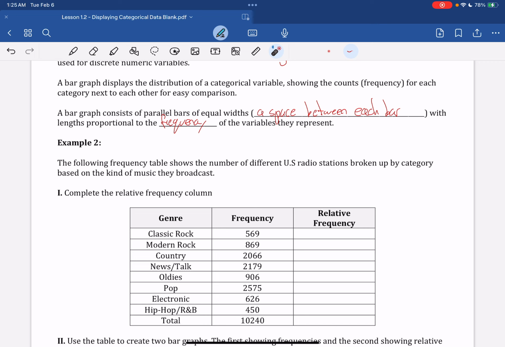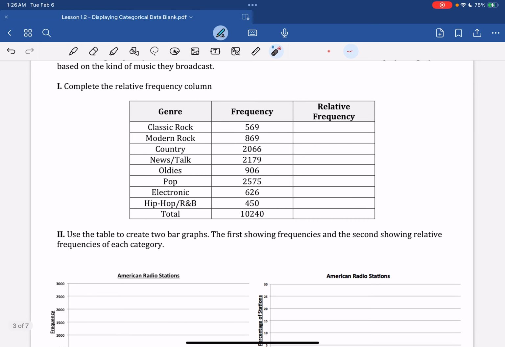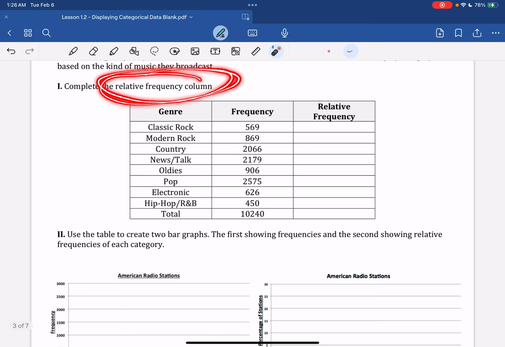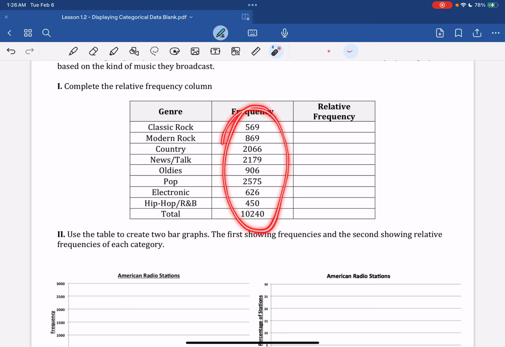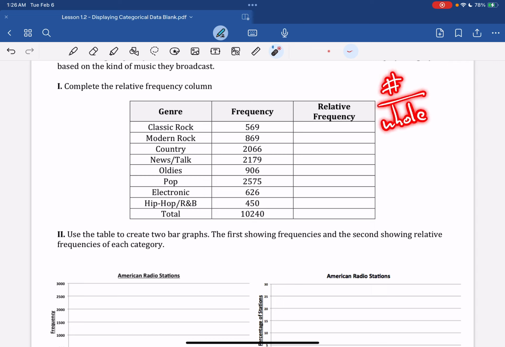Here we have a frequency table with US radio stations broken into the genres of the music that they broadcast. So we're being asked to complete the relative frequency column, this one right here, based on the frequency that we have for each of these. The first step we remember is that we need to have the number divided by the whole data set.